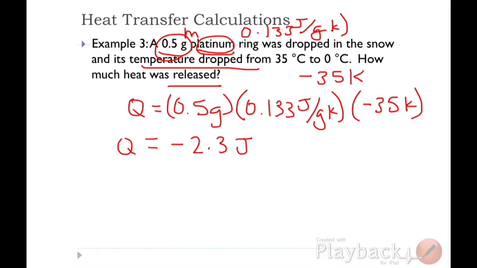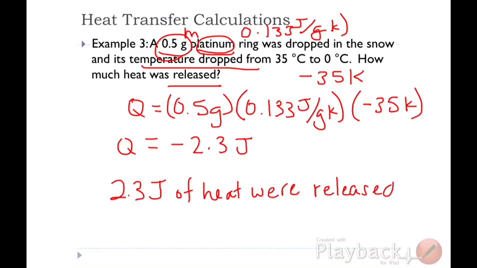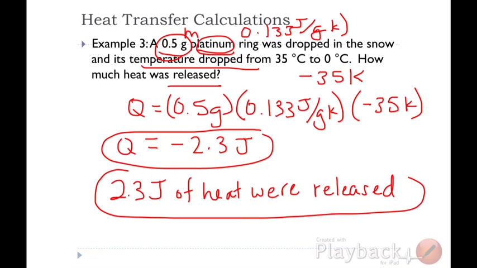Again, the negative sign indicates that heat was released. If you don't like working with negatives, you can use the absolute value, but then you would write 2.3 joules of heat were released. So either one, this is an or, so you would do either one of those answers.